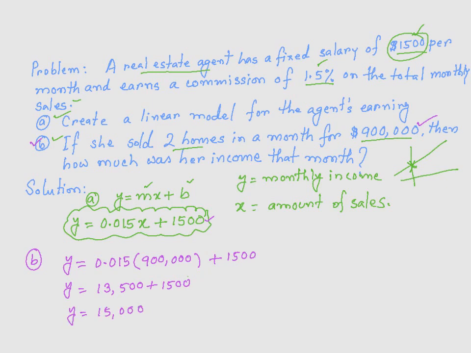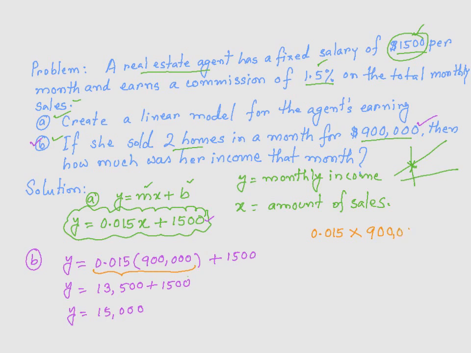Here, let me do a little bit of calculation on the side to show you how you'd calculate this. Sometimes students struggle with multiplying and dividing decimals, so let's work on it a little bit. We are multiplying 0.015 by 900,000. This is quite easy, by the way.